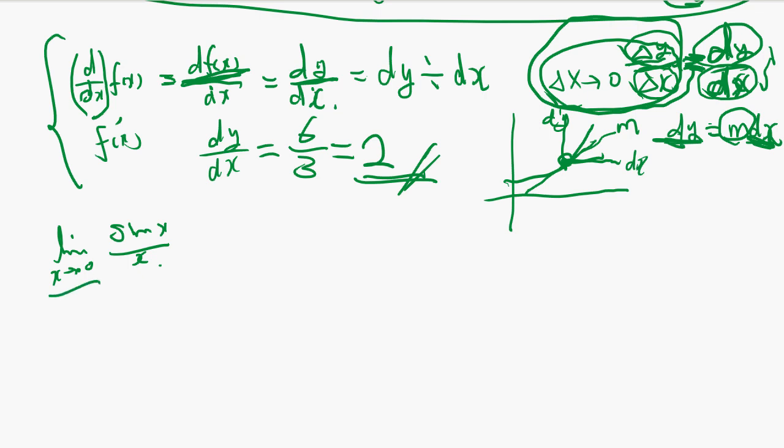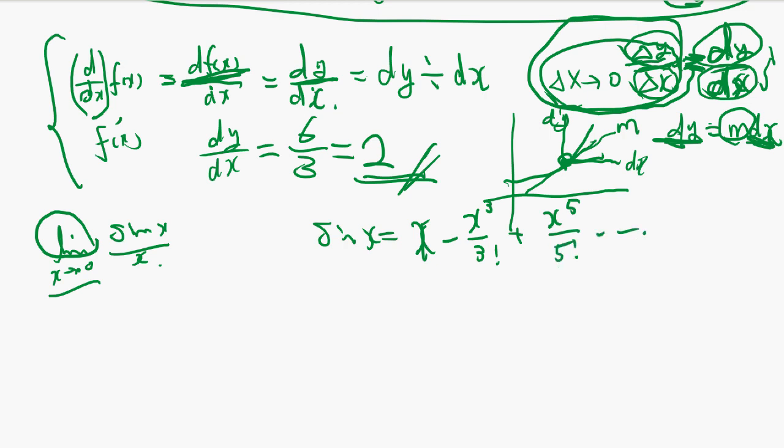This means you make x an infinitesimally small number. After that, take only the non-infinitesimal number. So sine x is x minus x to the third plus x to the fifth, and so on, divided by x.